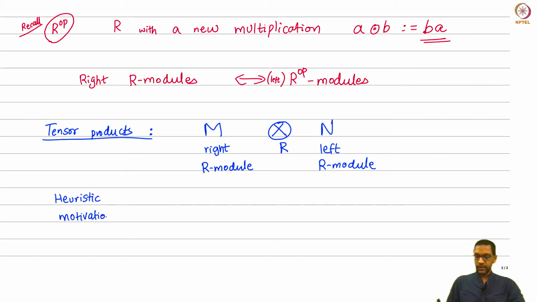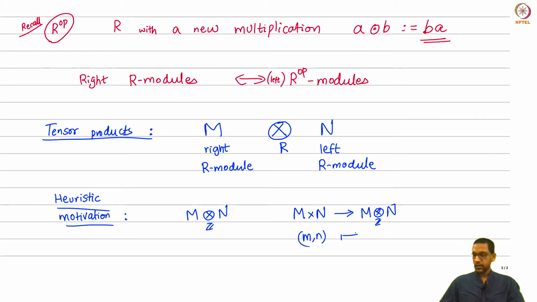Recall that when we talked about tensor products for Z modules, imagine for the moment M and N are only Z modules and we defined that tensor product. There was a bilinear map from M cross N to the tensor product, which we called alpha, sending (M, N) to the element we also denote M tensor N. Now this map was Z bilinear.